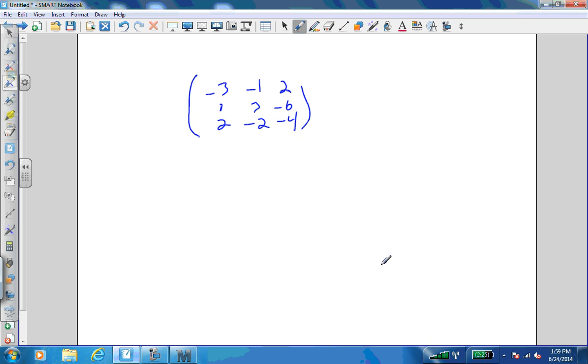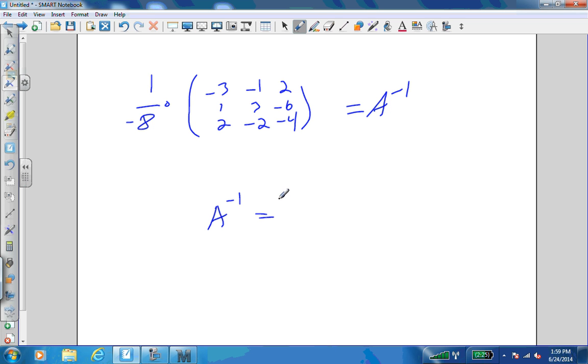So that's our adjoint. Our determinant was negative 8, so we're going to multiply by 1 over that. And that'll give us our inverse. So our inverse, each element times negative 1/8.